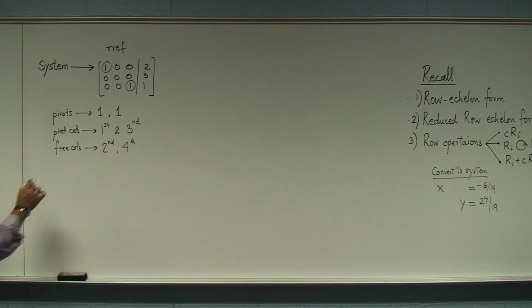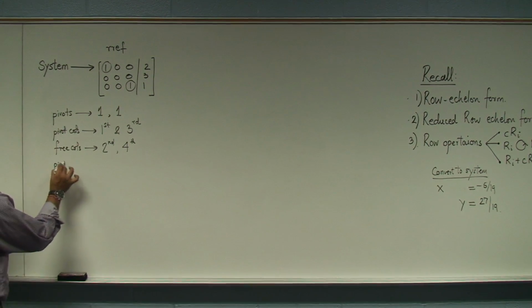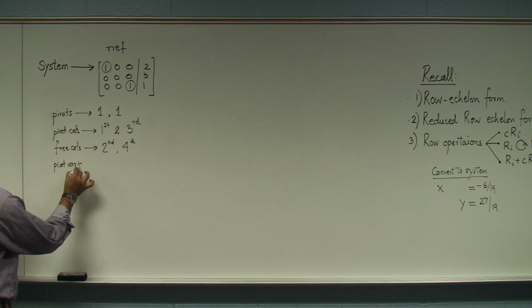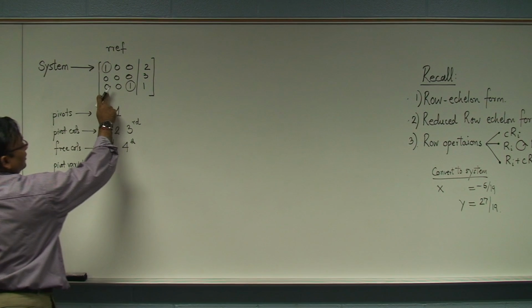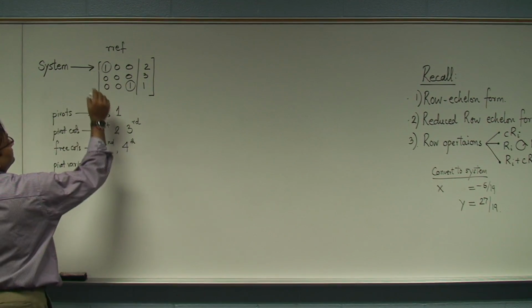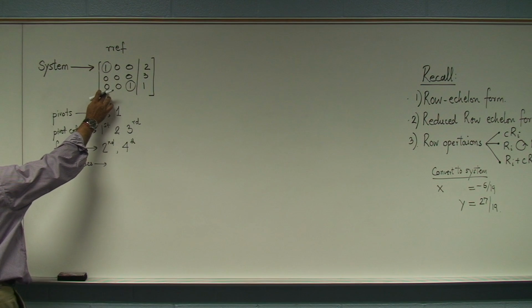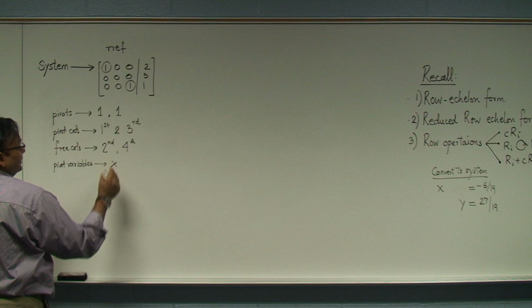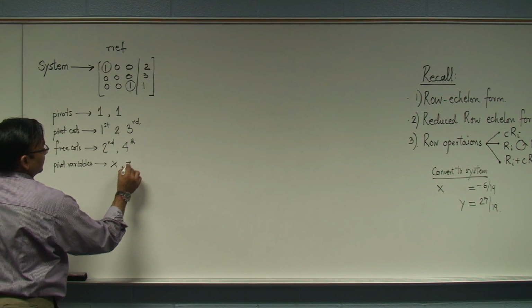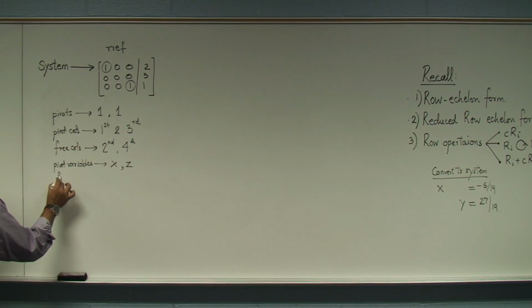Now what about the pivot variables? What would be pivot variables? The variables corresponding to the first column. So suppose the variable corresponding to the first column was x, this was y, this was z. So we will say that x and z are pivot variables.